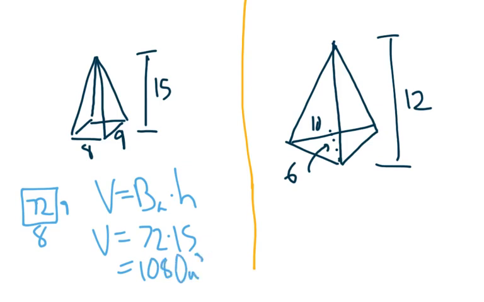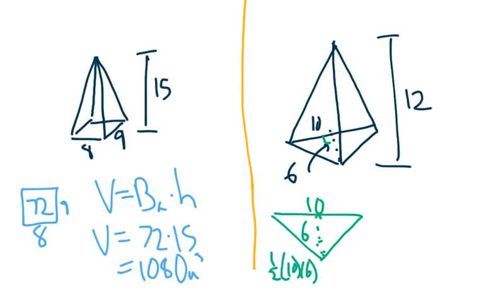Now, talking about this one over here, the triangular base, here we have our base is a triangle, and we're given some information. This 6 points to this part right here, which is giving us the height, and then we have the base. So the area of the triangle is 1/2 times 10 times 6, which is 60 times 1/2 is 30.